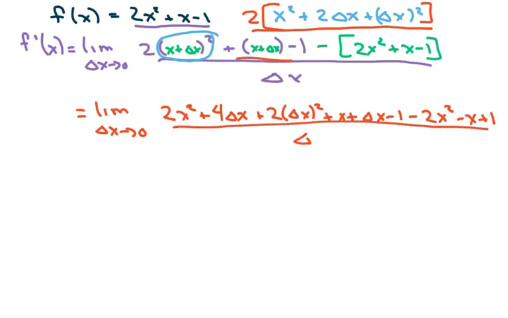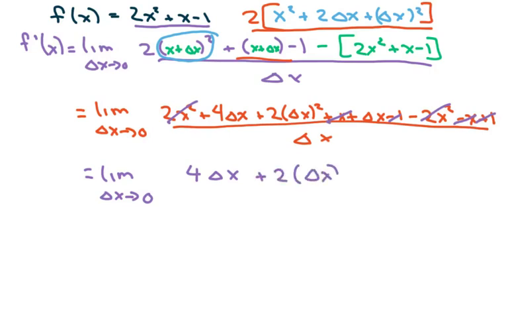all over delta x. Now, everything should cancel that doesn't have a delta x in it. So we're left with 4 delta x plus 2 delta x squared plus delta x.